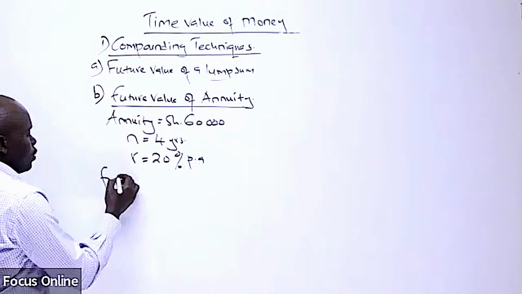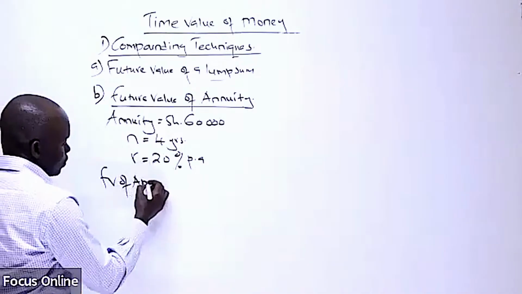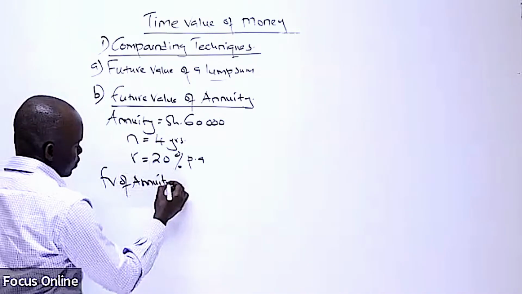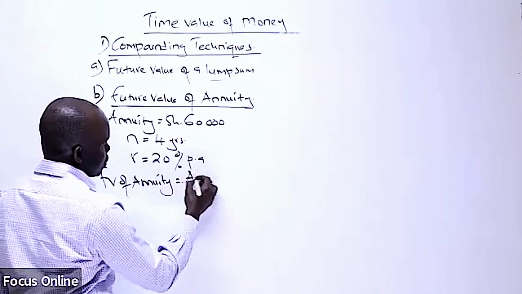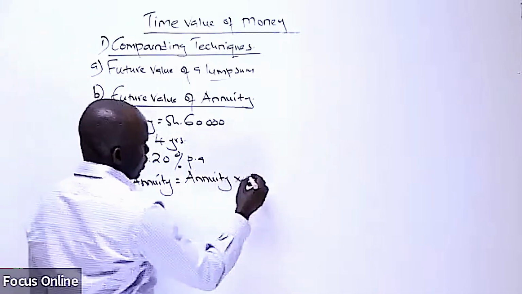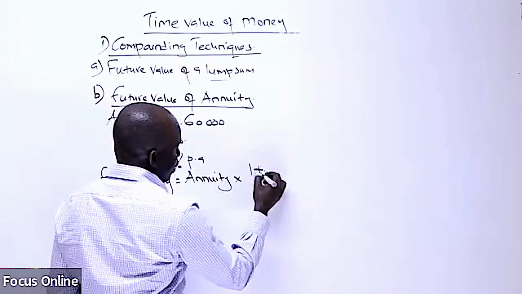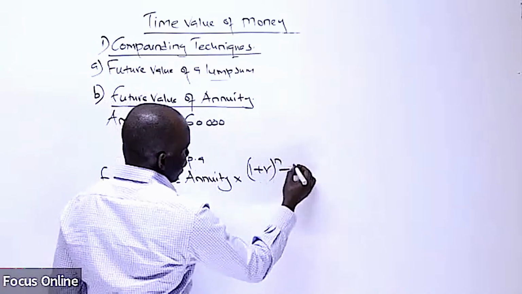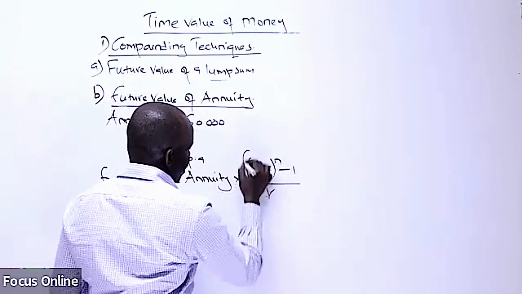So future value of annuity is equal to the annuity times (1 plus r) power n minus 1 over r.